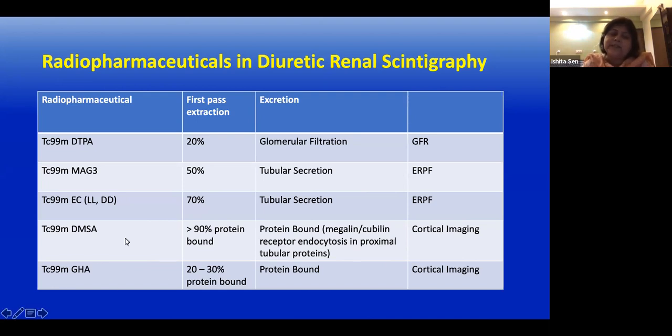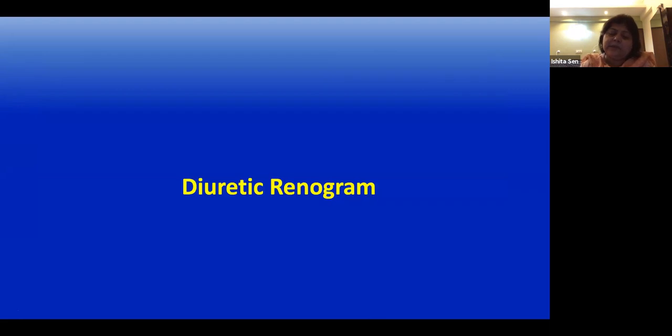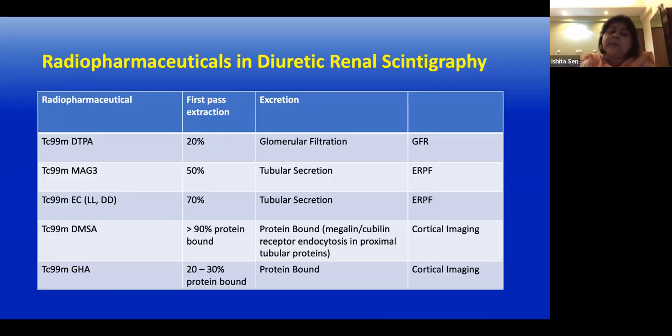And then you have GHA, which used to be used more commonly about 20 years back. The advantage of GHA was that it was only about 20 to 30% protein bound, and the rest of it would be excreted by glomerular filtration.